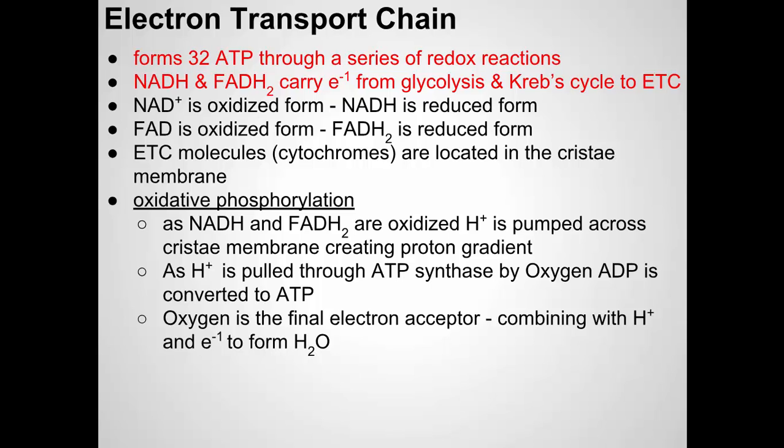And so it's the NADH and the FADH2, which are the electron carriers in this process. Some of them were formed in glycolysis, some were formed in the Krebs cycle. And they're shuttling these electrons over to the electron transport chain.